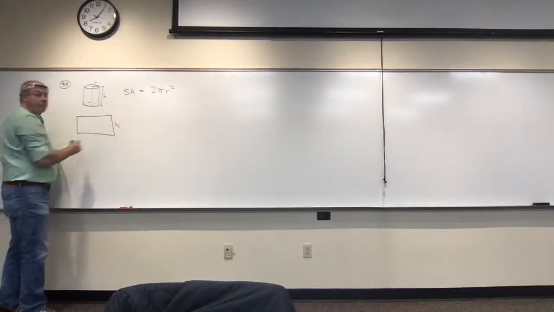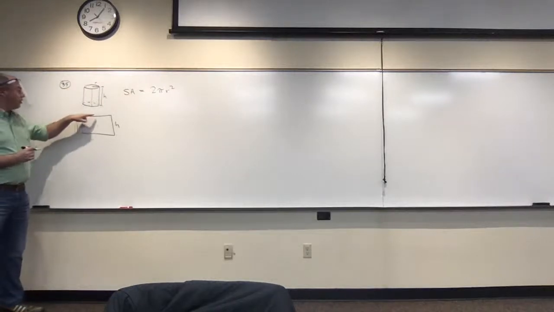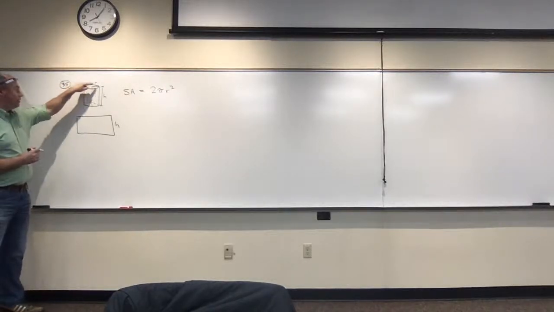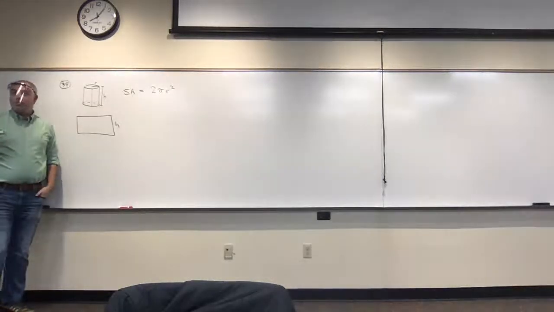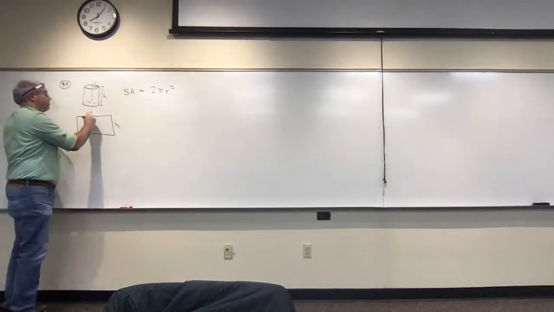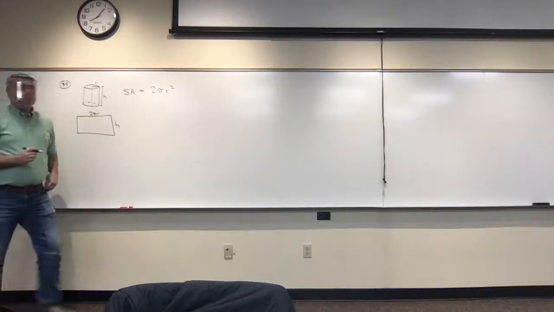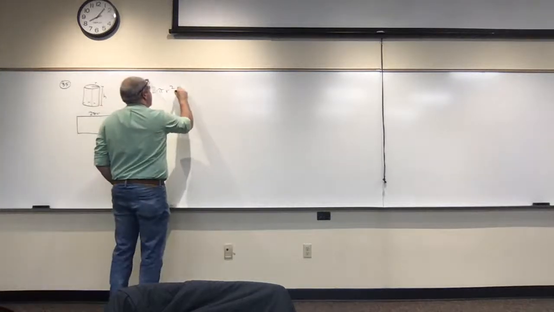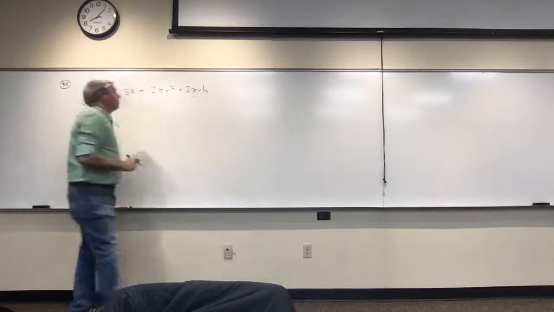That's just the H that I had right here. And how far around is the top? That's the circumference of that circle, which is 2 pi r. So if I wanted to know the area of this rectangle, it's 2 pi r h. So I'm going to add 2 pi r h.